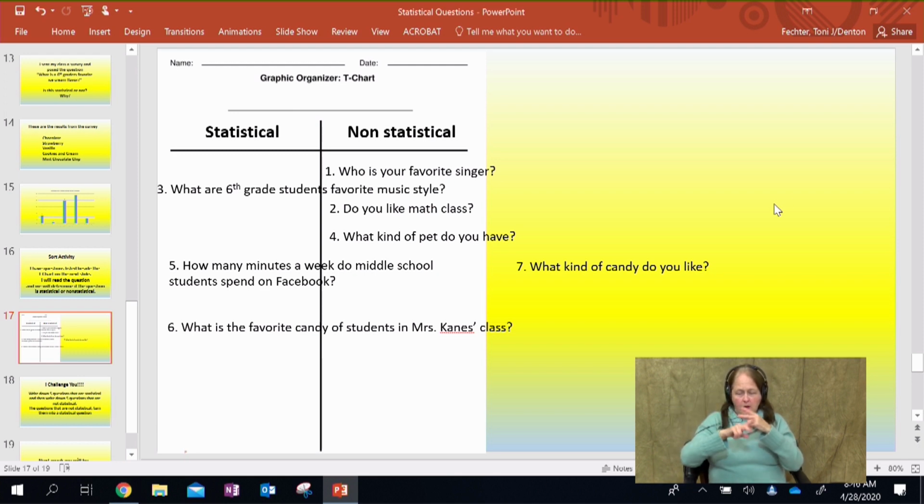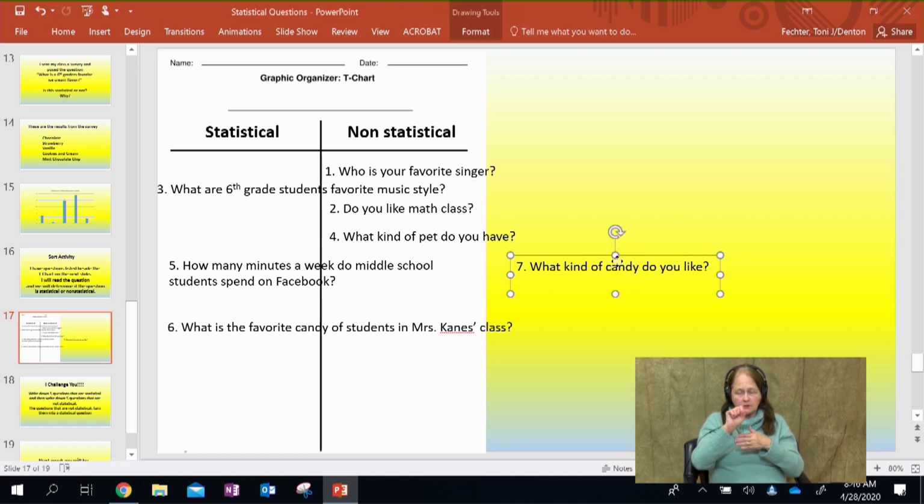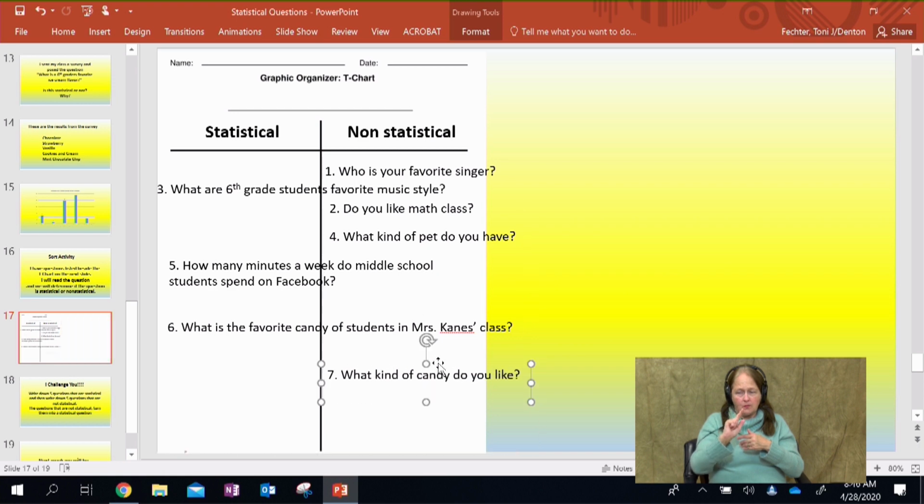Now that meets the guidelines for the second part because you're talking about 2 or more items, but the first part is just you. So that is not statistical. So 3, 5, and 6 are statistical questions. 1, 2, 4, and 7 are non-statistical questions.